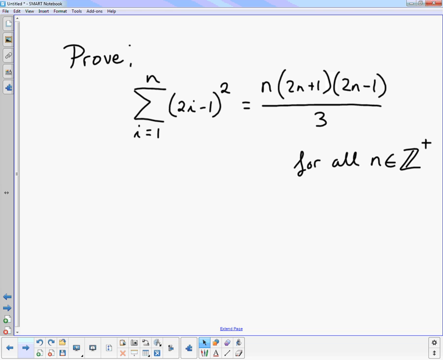So, do the base case. Show that it holds.